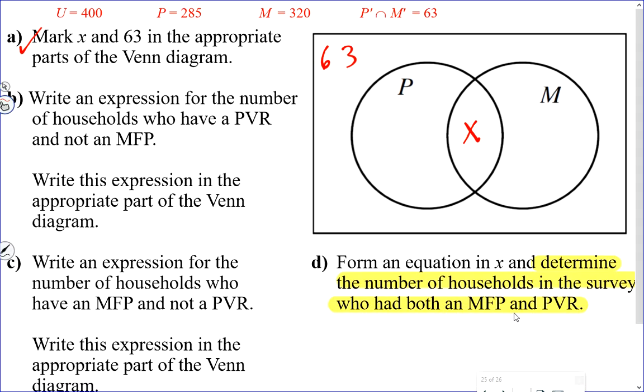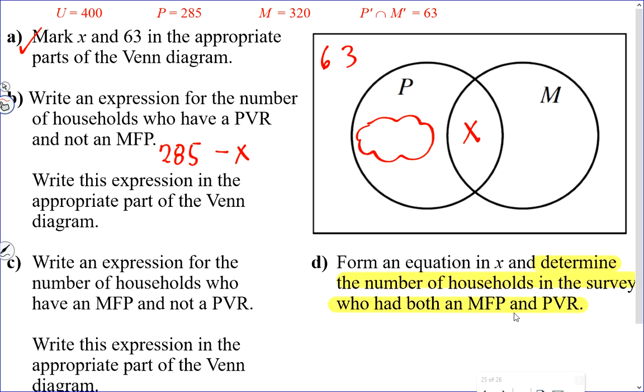Write an expression for the number of households who have a PVR and not a multifunction printer. Well, what we're asked to do is find an expression for what's in here. And that is going to be the 285 people that have a PVR minus however many have both.